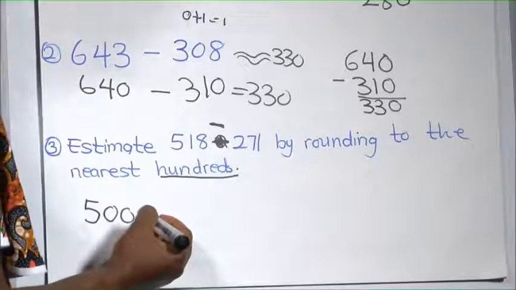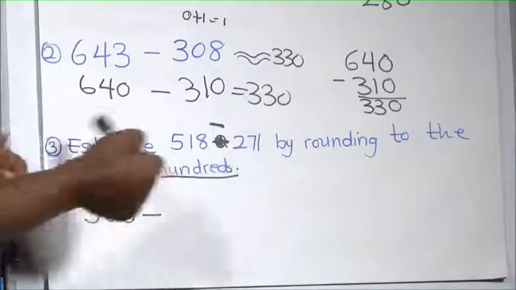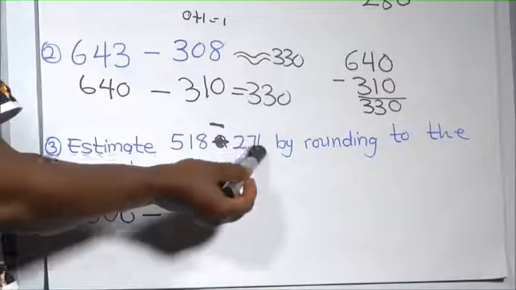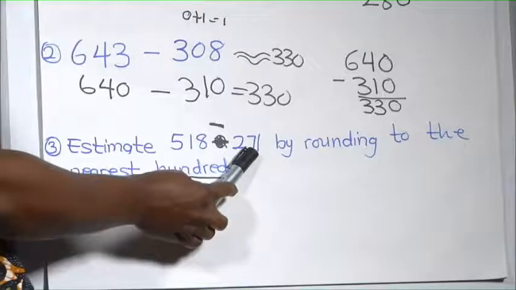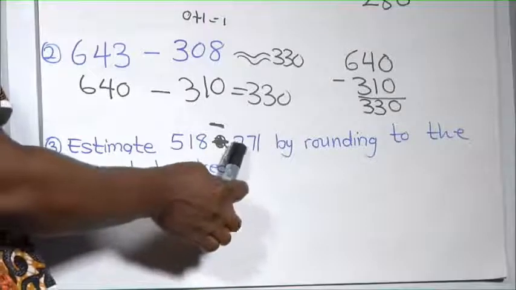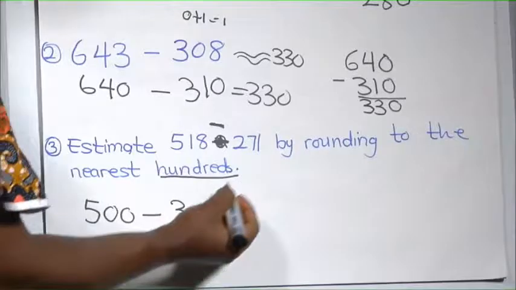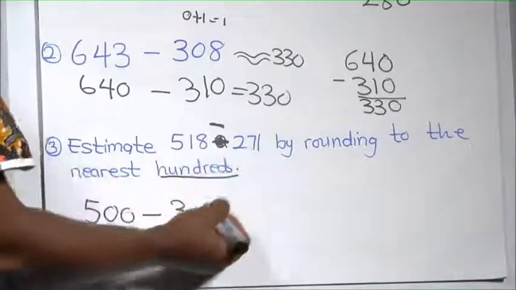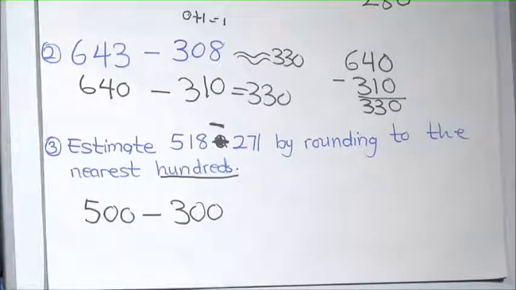We will bring the sign. This is 271 to the nearest hundreds. Let's check the number at the tens place. It's 7, right? Very good. We will add 1 more to the 2, which will give us 3, and make the rest of the digits zeros. Now we can work with it.